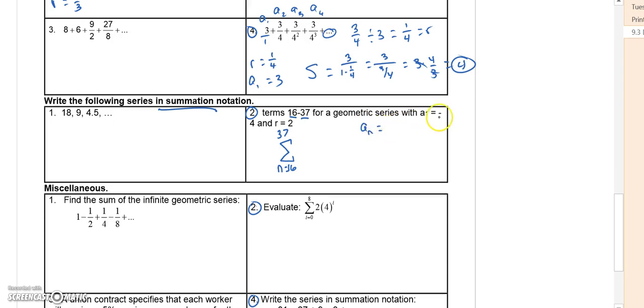So an equals, this is a -4 times 2 to the n minus 1 using the given information. So this would just be -4 times 2 to the n minus 1.